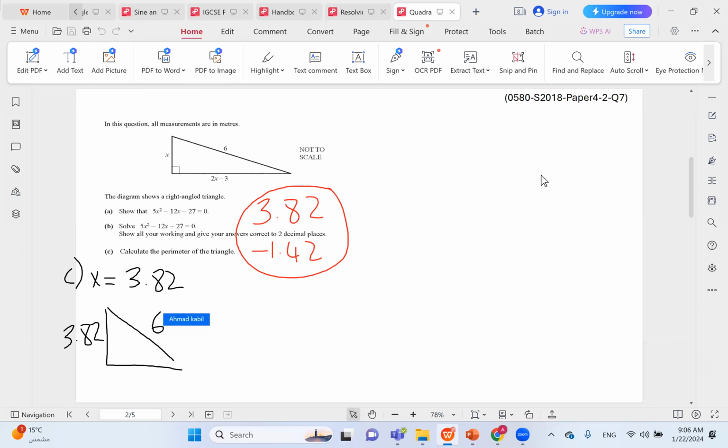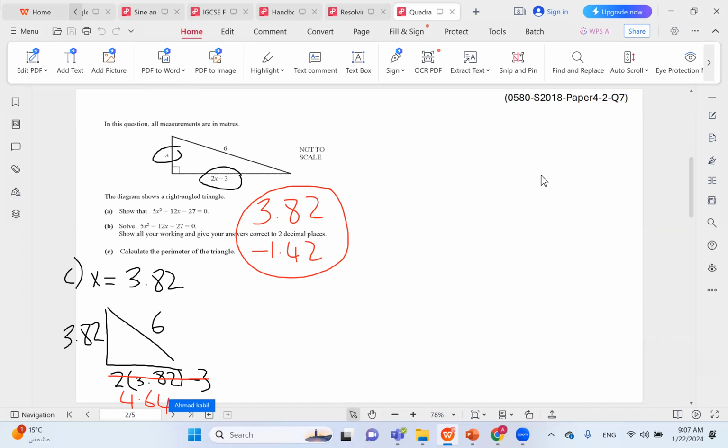And here we have 2 times 3.82 minus 3. If you don't understand where this came from, I'm just applying the X with the value that we obtained. So 2 times 3.82 gives us 7.64 on the calculator, and then minus 3 gives us 4.64. So the bottom side here is 4.64.